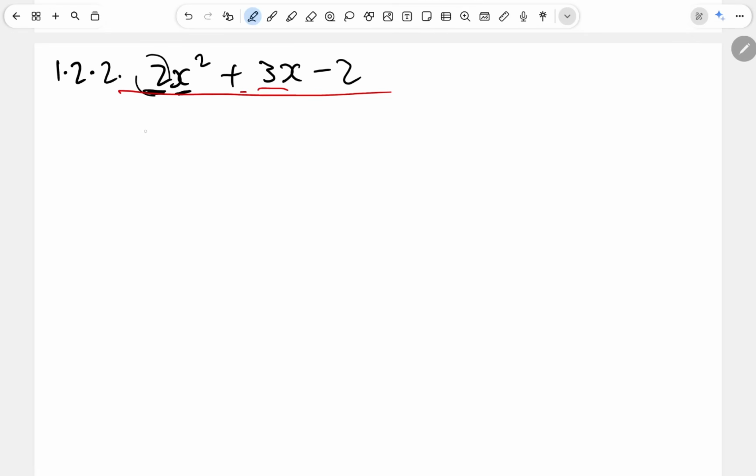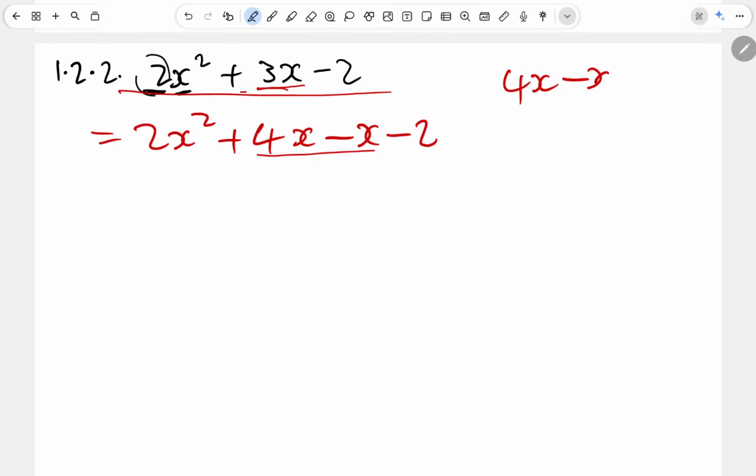We will write it as 2x squared plus 4x, negative x, negative 2. Remember this one. It's similar to this. 4x minus x is equal to 3x. Now we're done with the splitting.